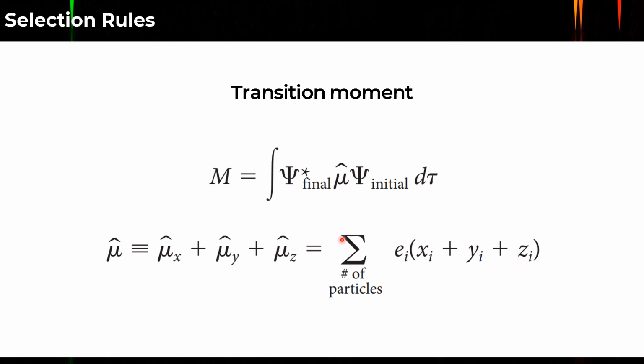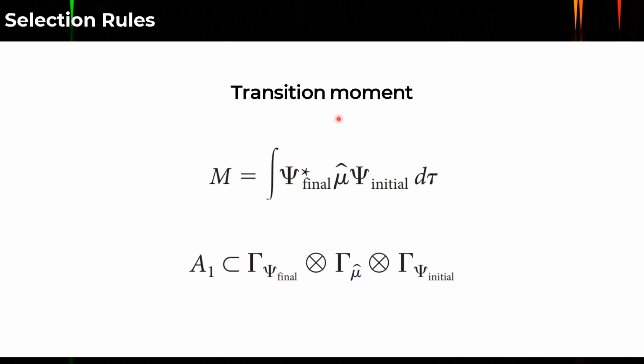Transitions of this sort are electric dipole transitions. Transitions between the wave functions can be prompted by other interactions like magnetic dipole or polarization changes, but electric dipole transitions are the most common.